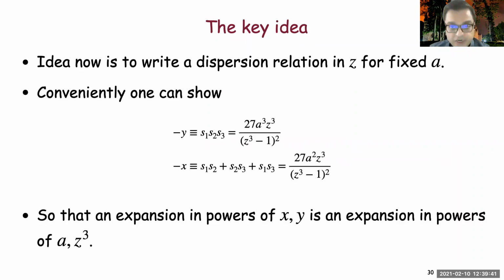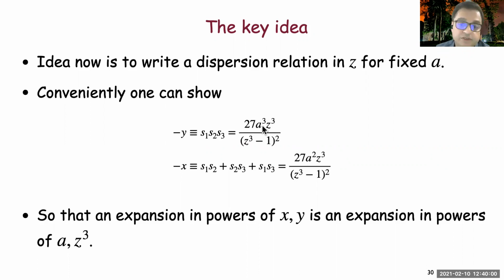Now we are going to write down a dispersion relation in Z for fixed A. Just as an aside, because it'll simplify some of the algebra, this original Y variable, which was a cubic combination of S1, S2, S3, has a very nice expression.